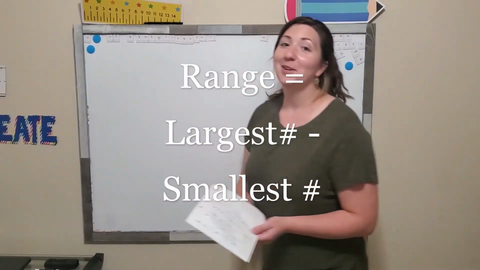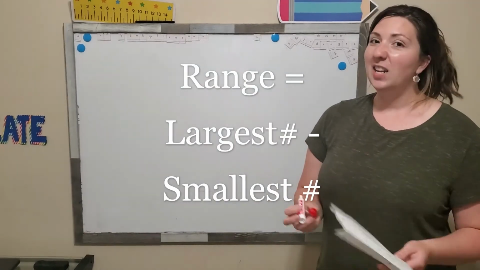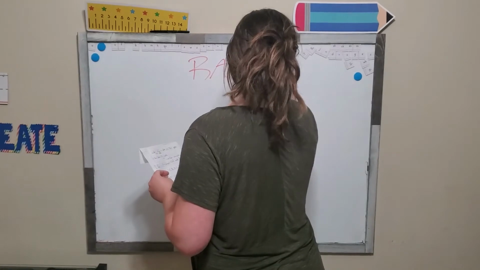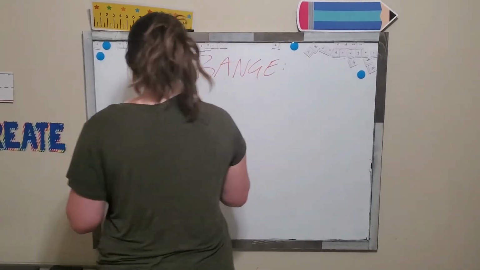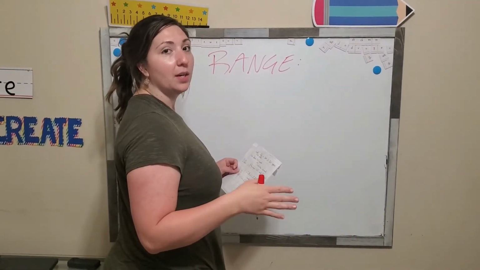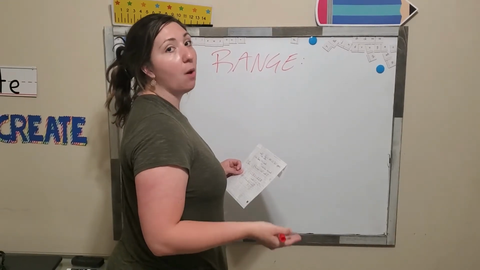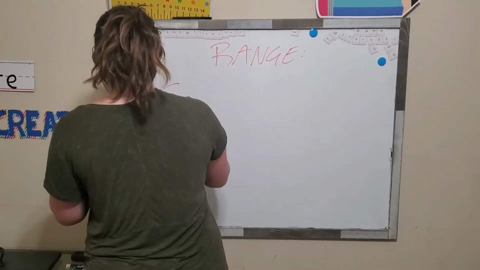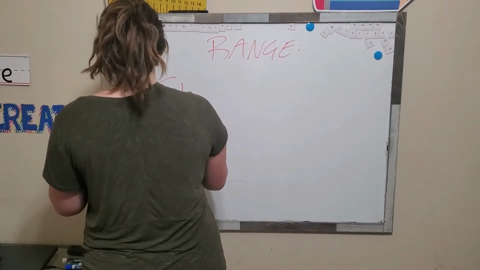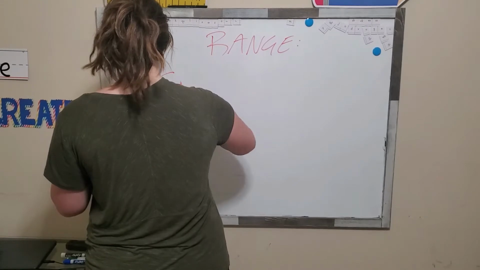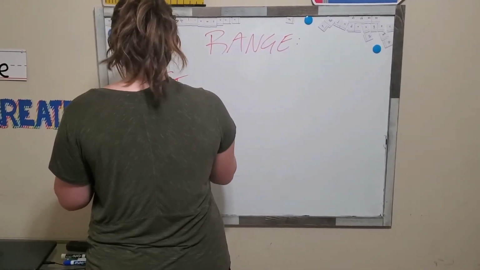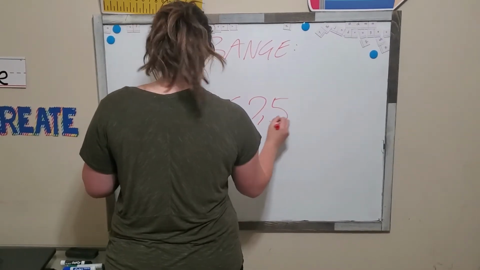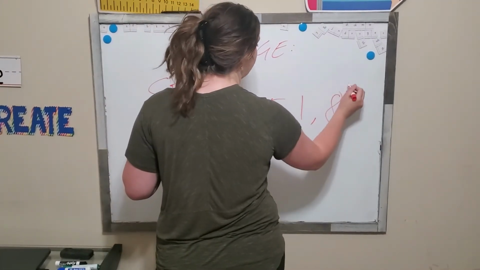And now we're gonna go over range, okay? Range is kind of easy too. The range of the data set is gonna be the largest number in the data set minus the smallest number in the data set, okay? So let's say we have this data set here, okay? 5, 2, 6, 7, 5, 1, and 8.